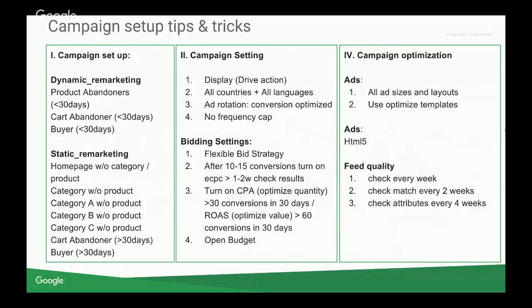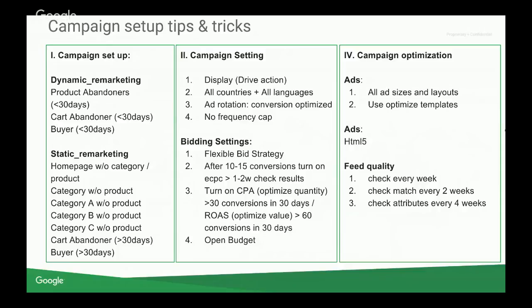And when it comes to the feed quality, the system already gives you some recommendations and prompts you to the site where you have instructions on what needs to be corrected. Also be patient, as you mentioned before, as it takes some 3 business days for your feed to be reviewed once your campaign is active. And otherwise, you can check it every week, or let's say every 2 weeks, and check different attributes every 4 weeks.